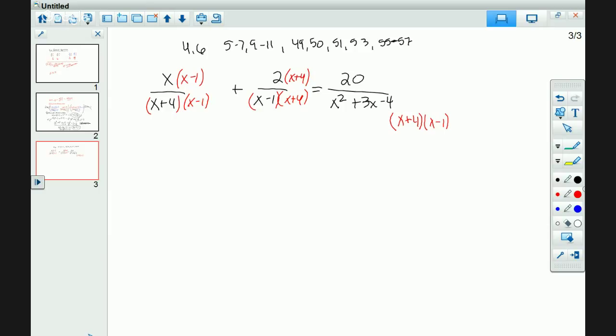So I just added an x minus 1 here to make this match. And I added the x plus 4 here to make that match. Not added, I multiplied it. Now the denominators can follow it.